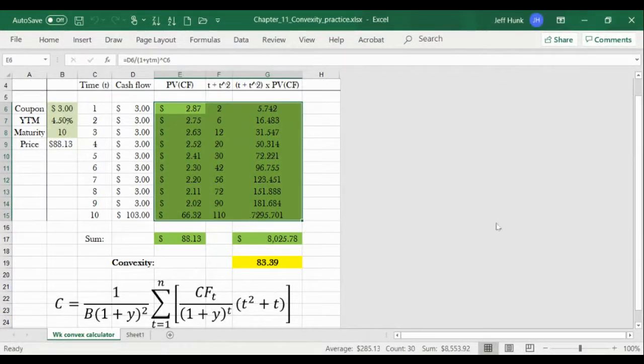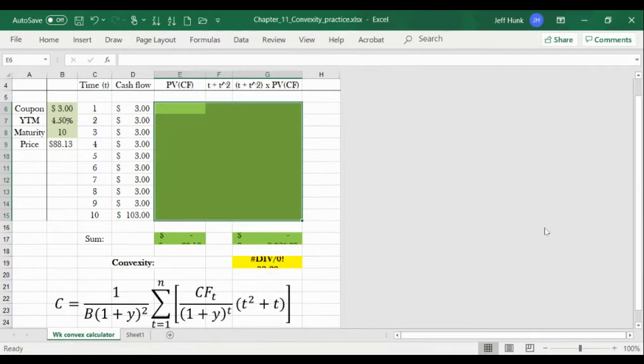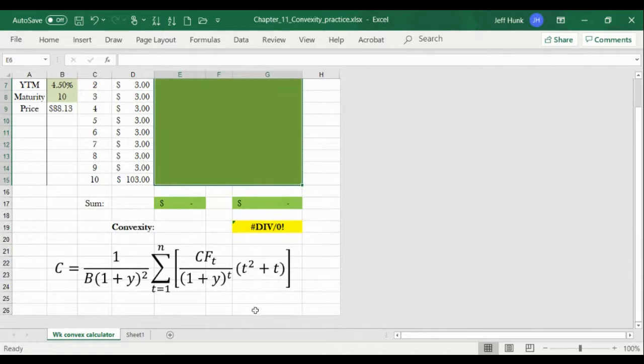Okay, so basically, let's start with this convexity formula, right? So this is discrete. In other words, the difference between an exponential function and this is discrete time.